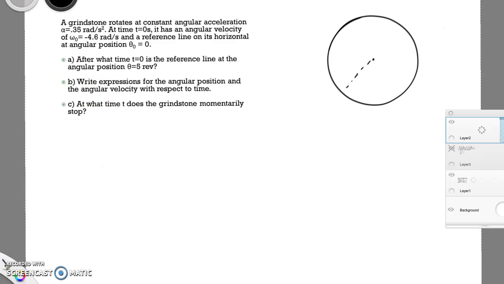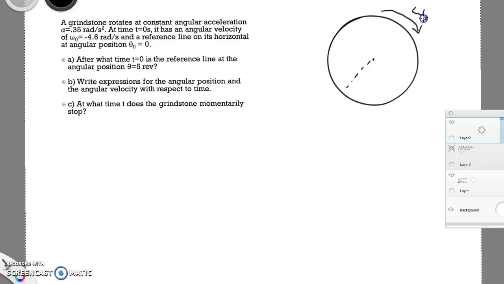Alright, so here we have a situation. This would be a grindstone. It's got this reference line right here, and we're saying that at time 0 it has angular velocity of negative 4.6 radians per second. If it has a negative velocity, that means it's going which way? It would be clockwise.